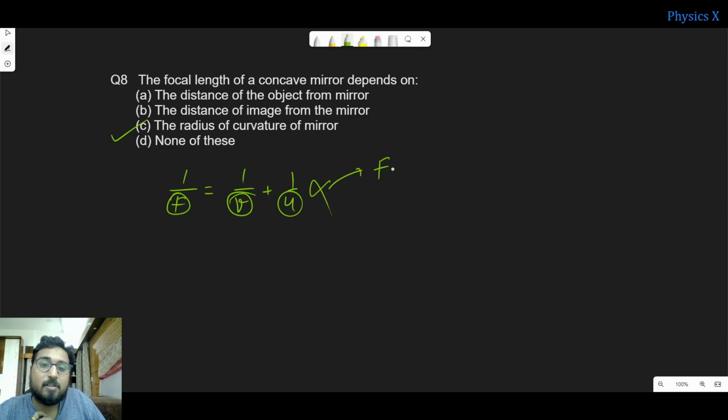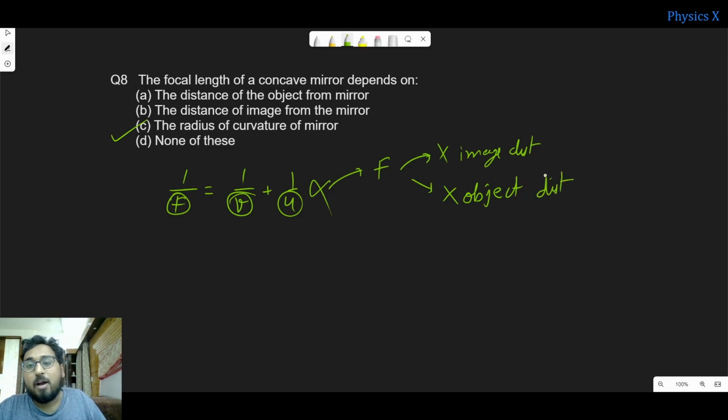focal length does not depend on image distance. It does not depend on object distance. It is a constructional feature. How? I told you, what is the definition of a spherical mirror? A spherical mirror is made out of a sphere.